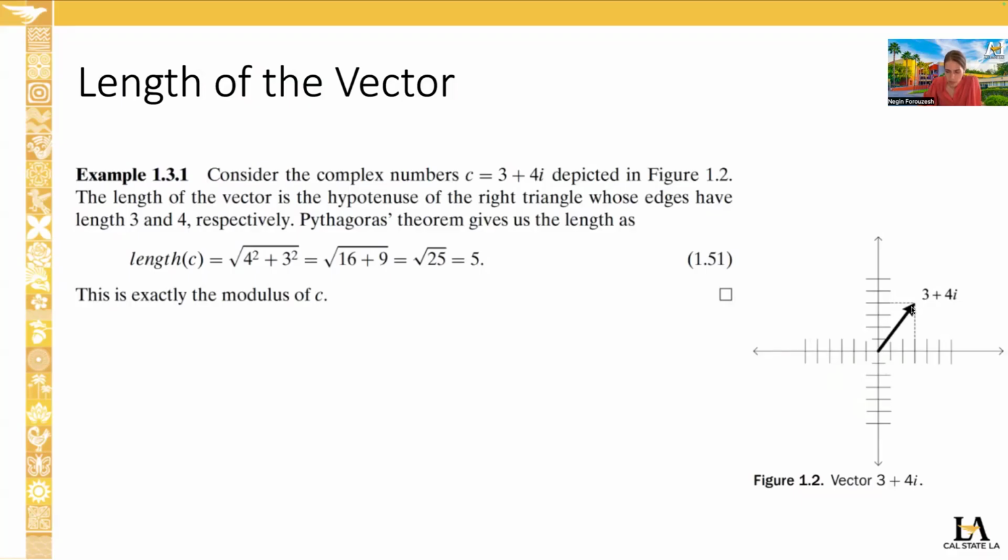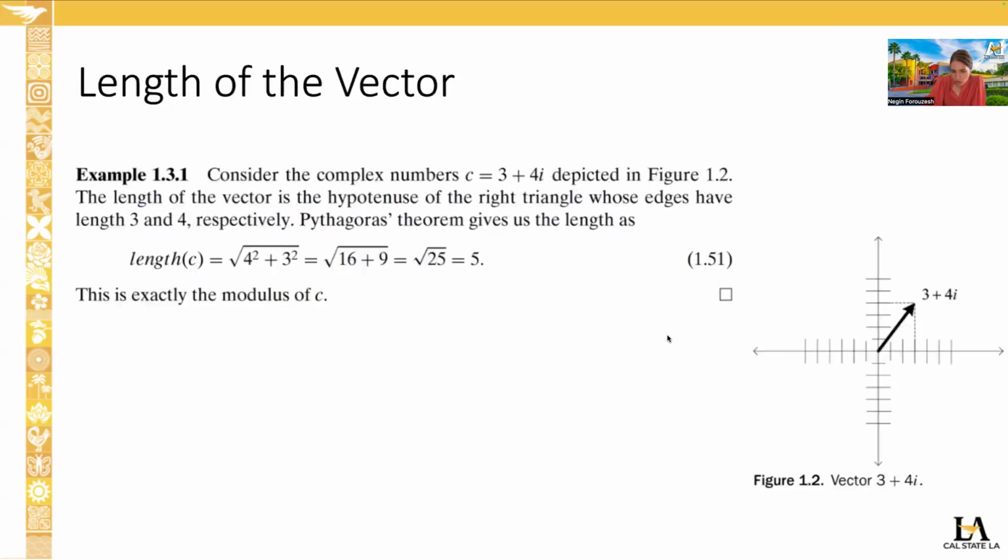Okay, so this is my vector, and if you remember earlier, we had the definition of modulus in the algebra of complex numbers. So let me show that to you very quickly. You understand that the modulus of a complex number is in fact the length of the corresponding vector in the complex plane.